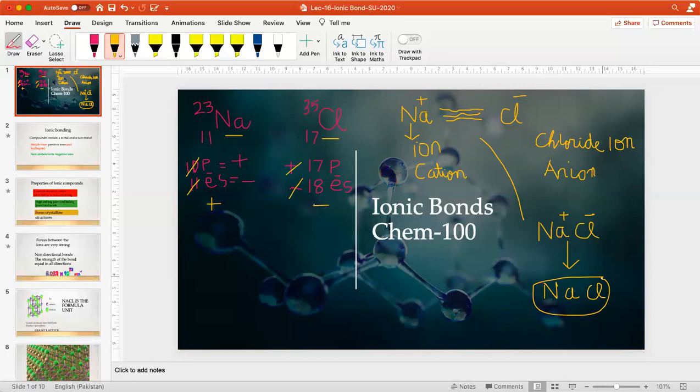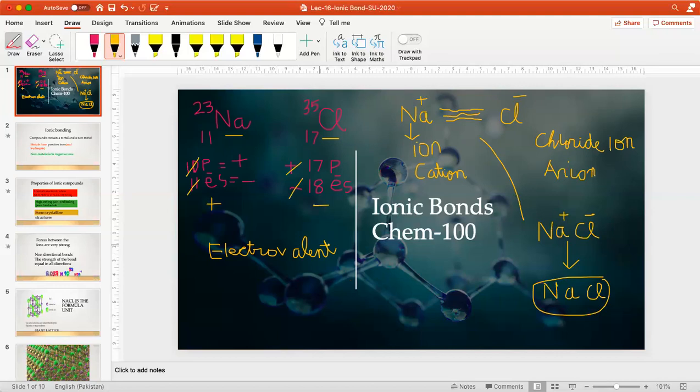Okay, now the next question we have is, what does an ionic bond mean? So ionic bond, which is also known as electrovalent bond, is also recognized as electrovalent bond. Right? This is also known as electrovalent bond.